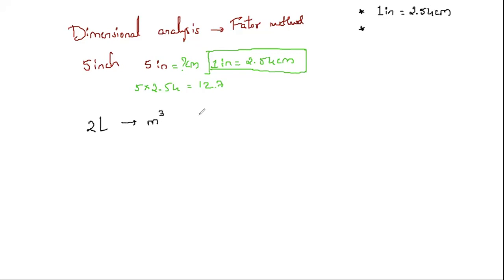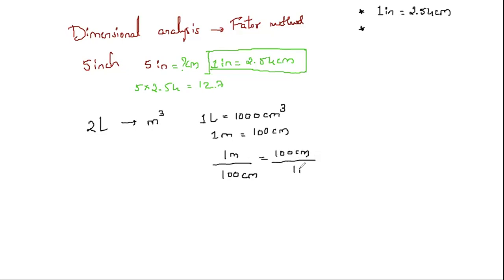We know that 1 liter is equal to 1000 cubic centimeters. And we also know that 1 meter is equal to 100 centimeters. So 1 meter divided by 100 centimeters is equal to 100 centimeters divided by 1 meter. That is nothing but a conversion factor.